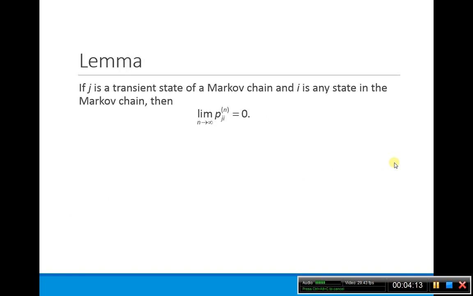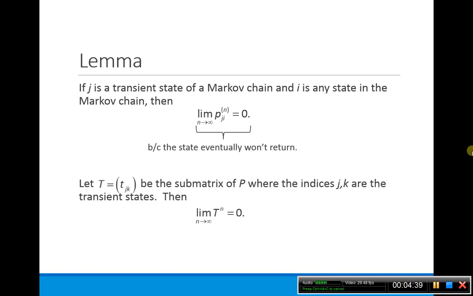If J is a transient state and I is any state in the Markov chain, then the probability of going from I to J in n steps goes to 0 as n goes to infinity, because J is a transient state. You're going to eventually go out of that class, so eventually you won't return.